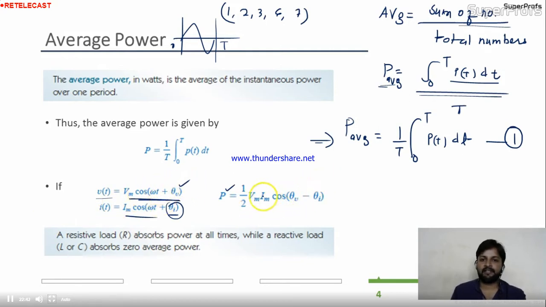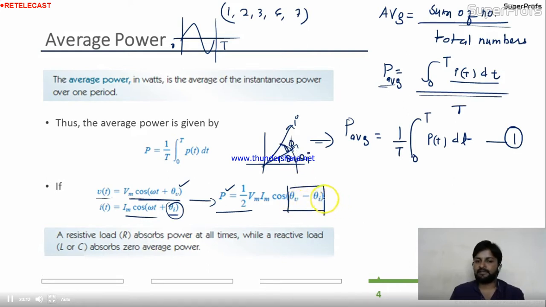When you multiply these two terms and solve, you will get P is equal to 1 by 2 Vm Im cos(theta v minus theta i), the phase angle between the two quantities. Suppose this is your voltage making angle theta v, and this is your current making angle theta i from the horizontal. So in between them, the angle will be theta v minus theta i.